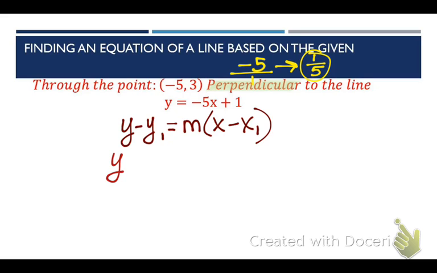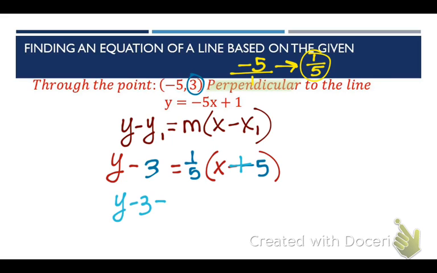All right, so y minus is going to stay the same. x minus will stay the same. What is the y coordinate we're going to plug in? 3. What is the slope that we're going to plug in? 1/5. And then what is the x coordinate? Negative 5, so that's going to be a plus.